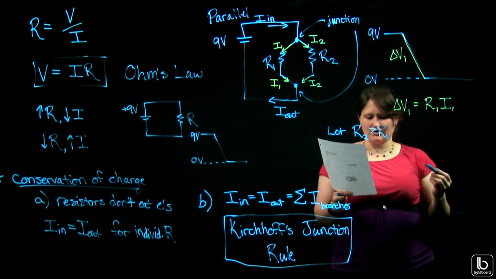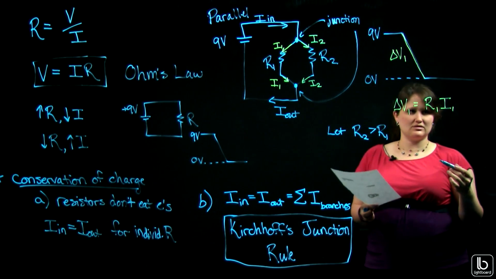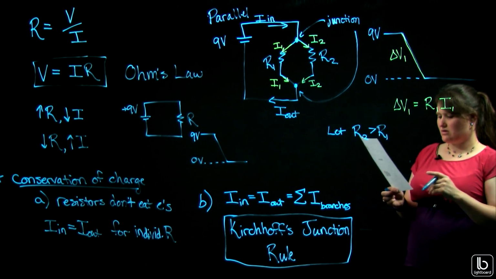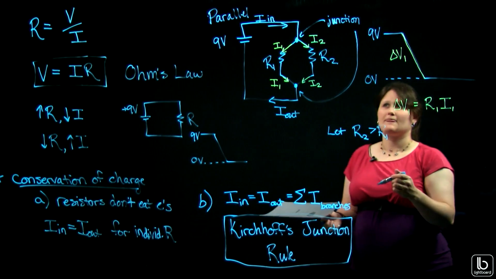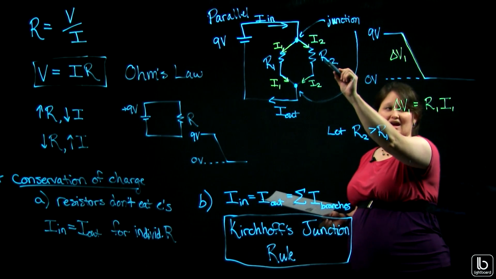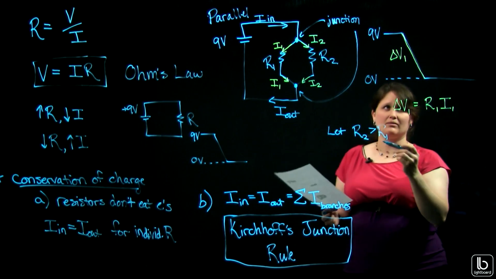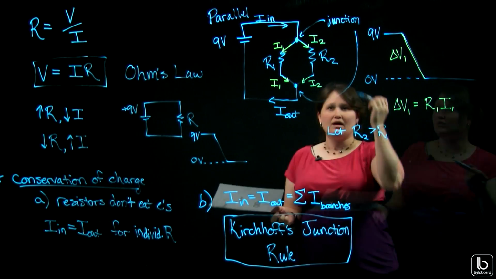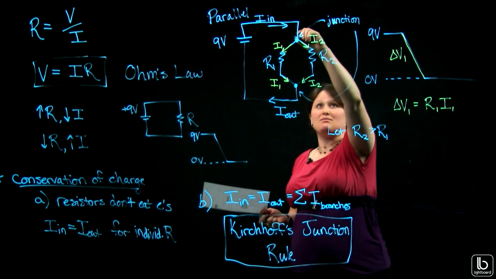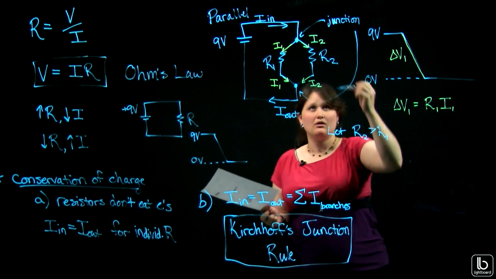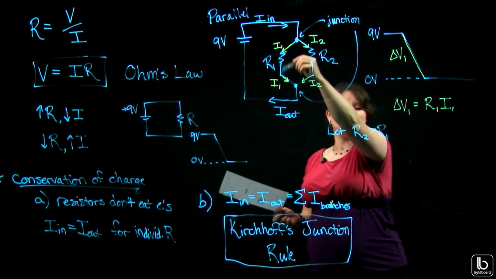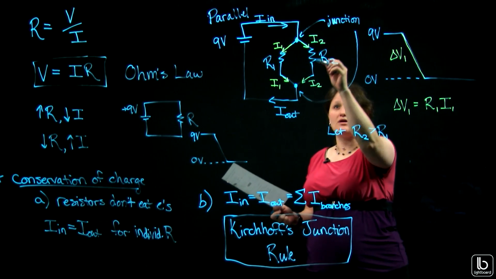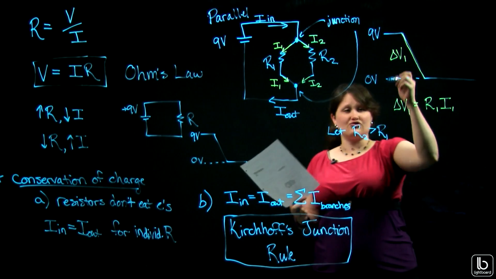Now, if I have more resistance, then that means I'm going to have less current over here. But what does that mean about the voltage drop itself? If I'm an electron and I come in and I pick the R2 path, that means I don't even consider what's going on at R1. This is the voltage drop I see.